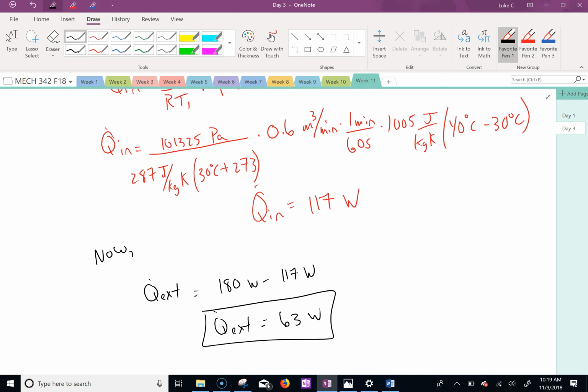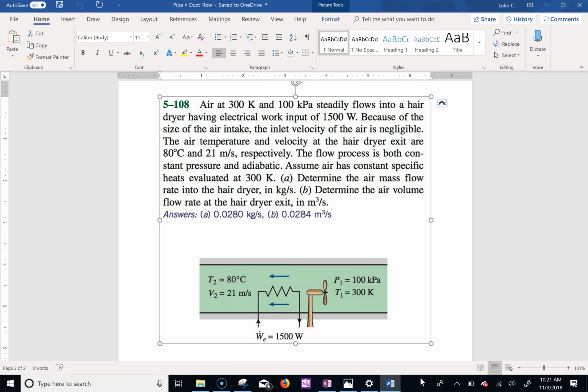CP of air is 1,005 joules per kilogram K, or 1.005 kilojoules. Okay, so air at 300K and 100 kilopascals steadily flows into a hairdryer having an electric work input of 1,500 watts. Because of the size of the air intake, the inlet velocity of the air is neglected.